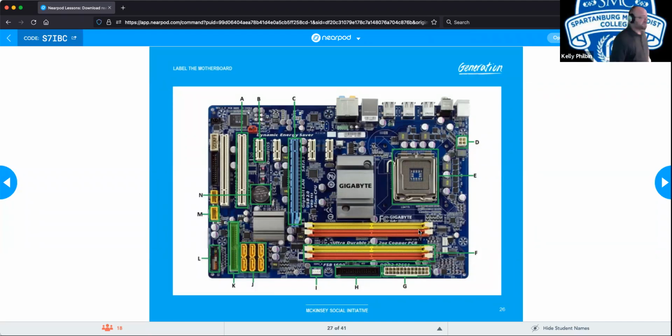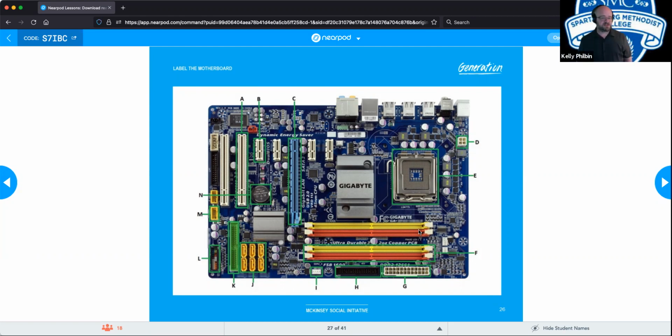Avery, if you could please put together groups of 3 or 4. We're going to map out all the ports on a motherboard. Please try to refrain from using Google or any of that stuff. Again, I would rather you get it wrong than jump out and quickly find the answer.